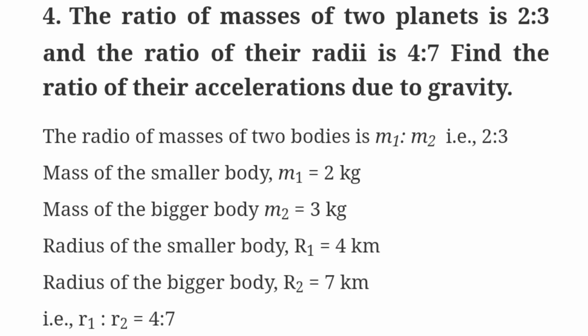Mass of the smaller body m1 is equal to 2 kilograms. Mass of the bigger body m2 is equal to 3 kilograms. Radius of the smaller body r1 is equal to 4 kilometers. Radius of the bigger body r2 is equal to 7 kilometers. That is, r1 is to r2 equal to 4 is to 7.